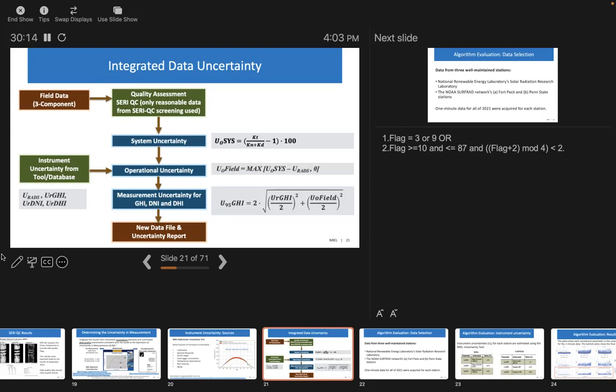The system uncertainty is contributed by two things. One is the field measurement uncertainty and the instrument uncertainty, which is inherent to the instrument. And then we can calculate this operational uncertainty. Ultimately what we can derive is a measurement uncertainty for each individual component. It's kind of the flow of this assessment.